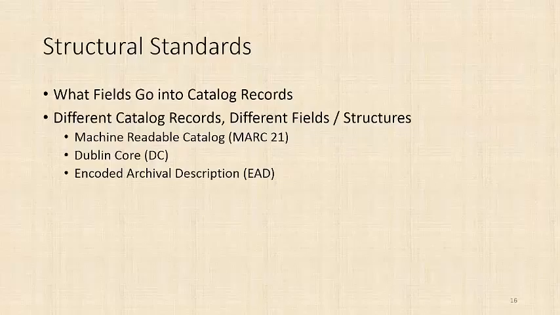Machine Readable Catalog, MARC, M-A-R-C 21, is a structural standard for archival collections and books that you see in an online library catalog.